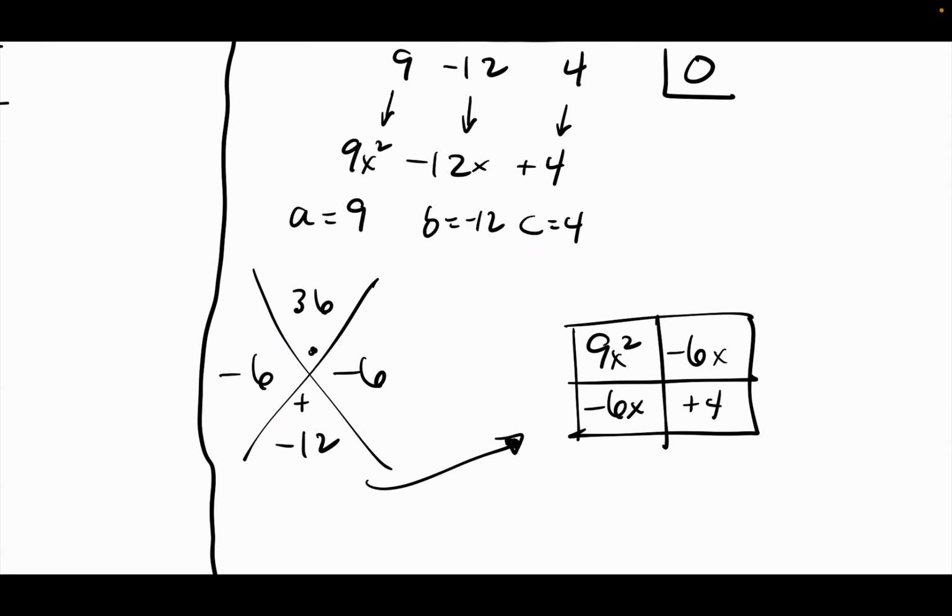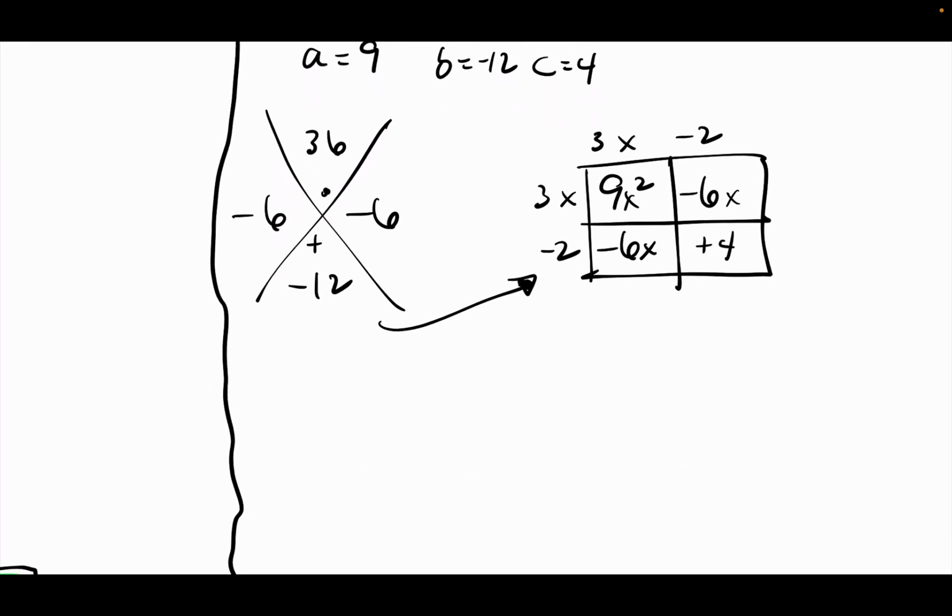So we got 9 again, right? We can do 3 times 3 or 9 times 1. 9 times 1 is tough because 9's a big number. So I think it's just going to be 3 and 3 again. So we're going to get the same answer twice.